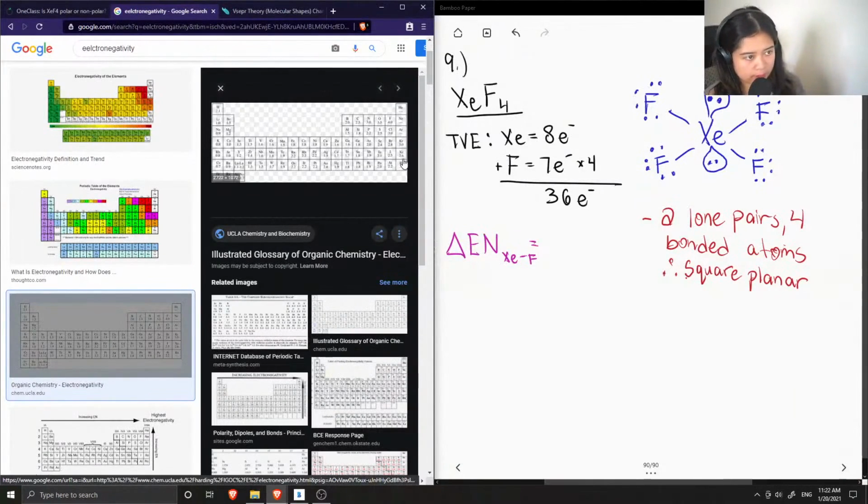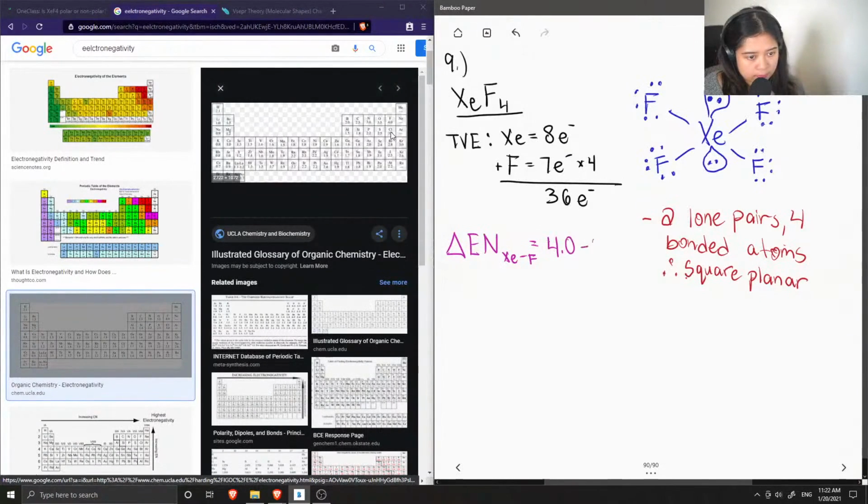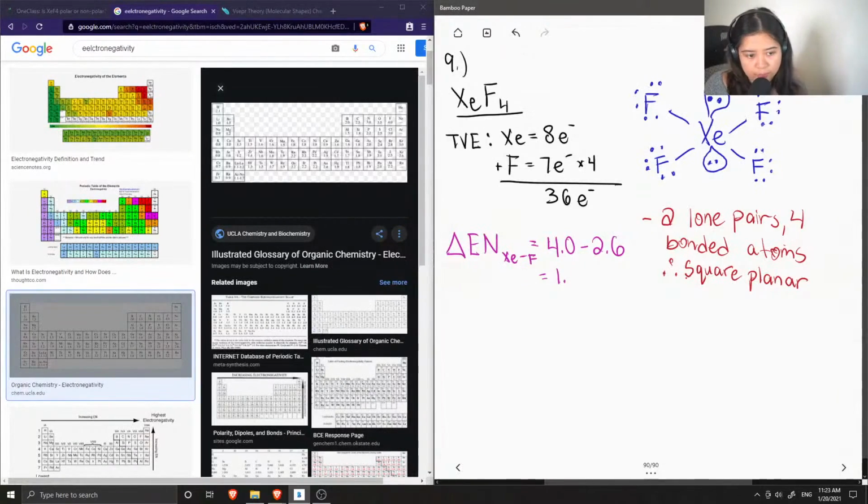So xenon is 2.6 and fluorine is 4. So this has an electronegativity difference of 1.4.